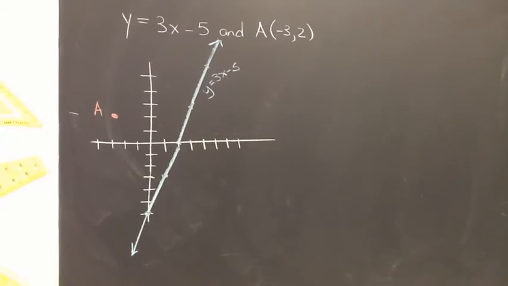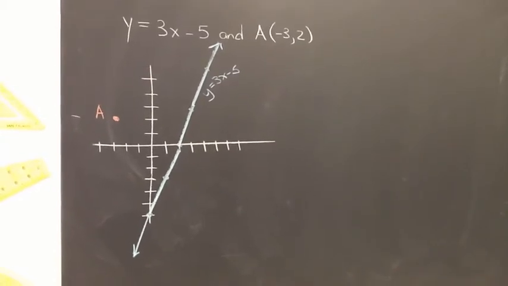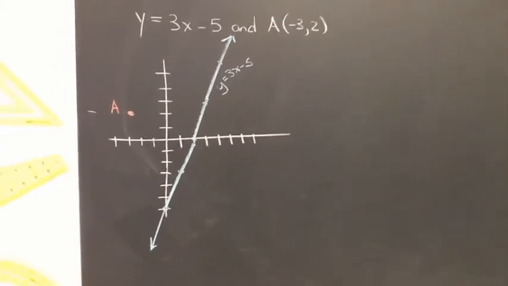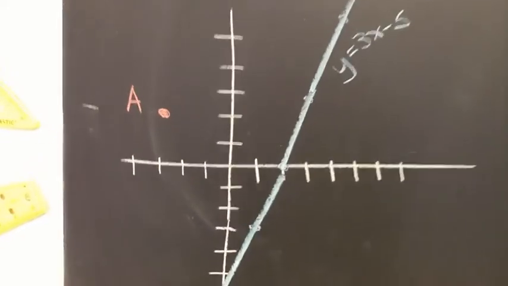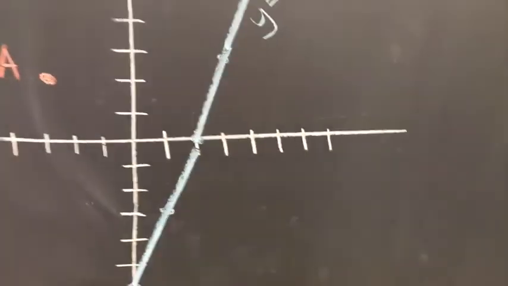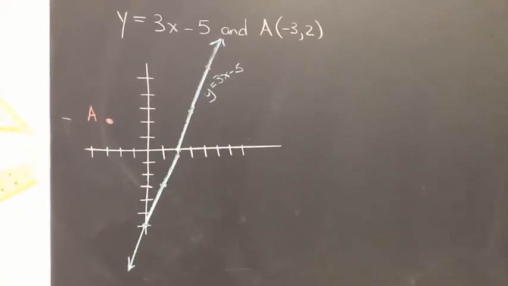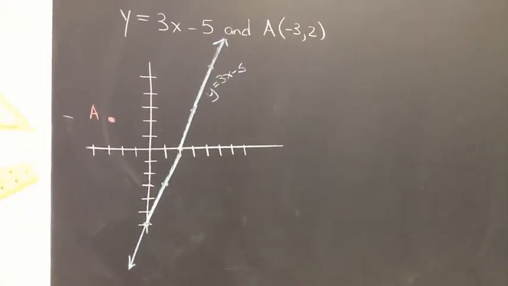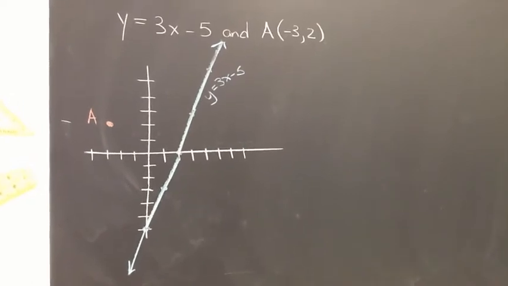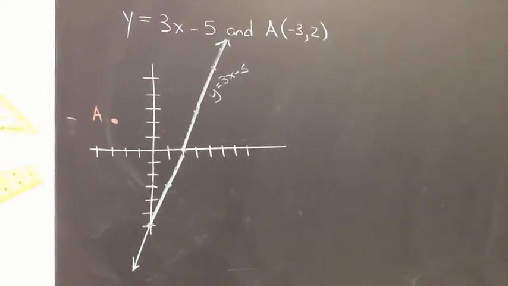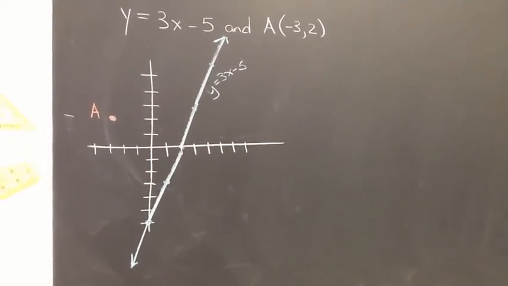In other words, I want to know what is the distance, the shortest distance, from this ordered pair A to the line. Well, we've kind of already learned at least the general answer to that. We know that the shortest distance from A to the line is the perpendicular.